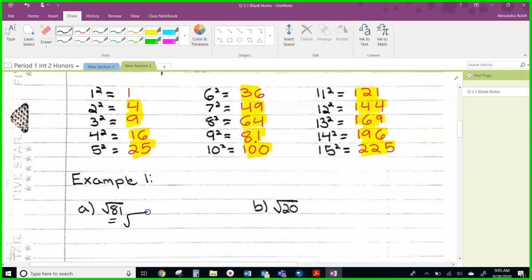So I can write this as the square root of 9 squared. And then our square root and our squared cancel out, and I'm left with 9. So we're looking at this list of highlighted numbers to find those perfect squares, because we can take the square root of perfect squares.